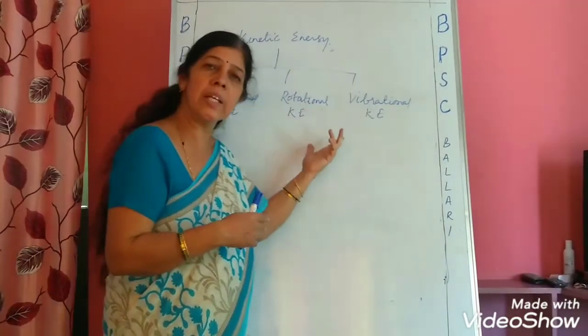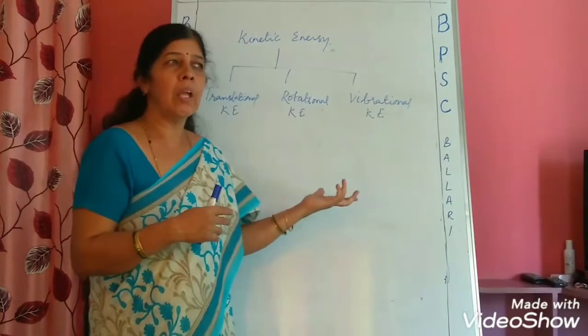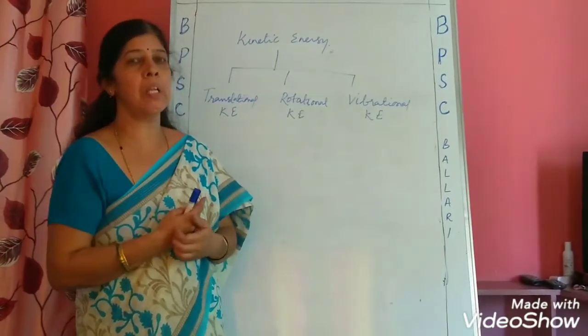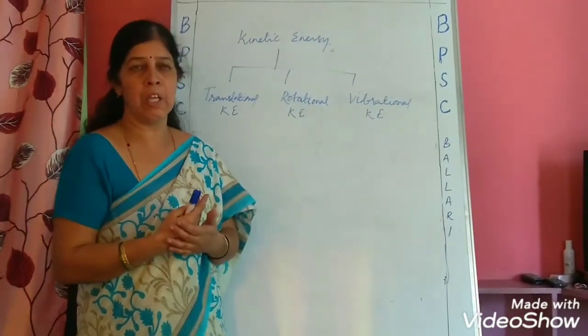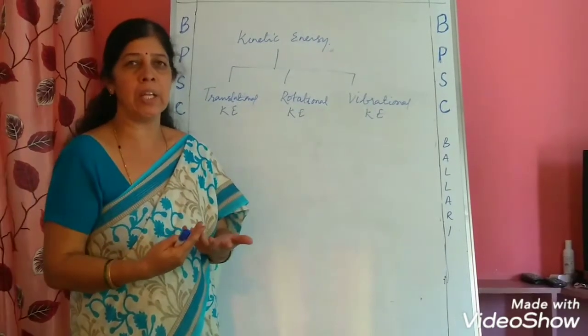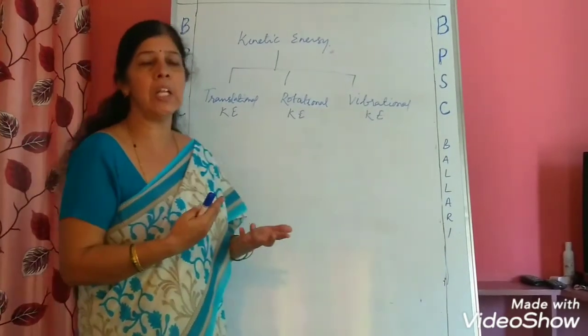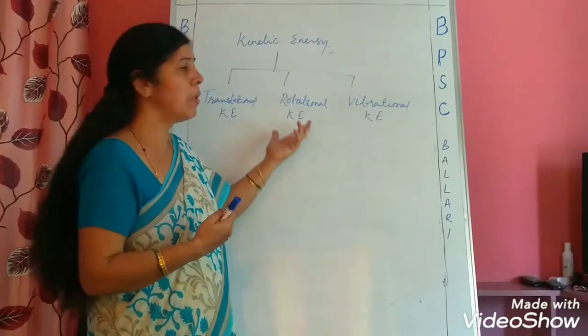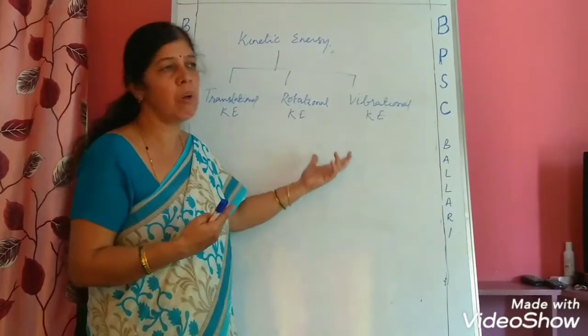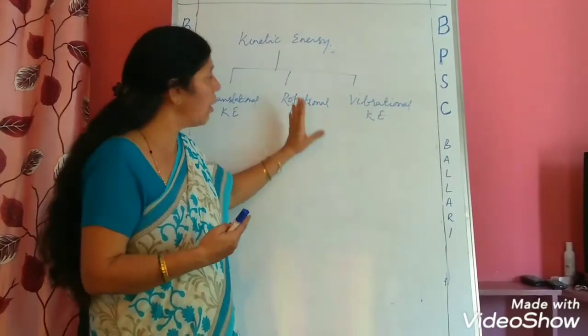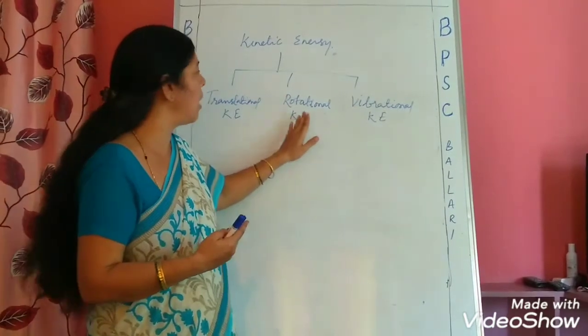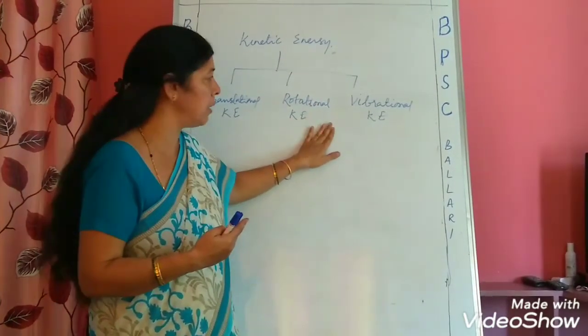Now rotational kinetic energy, what example can you give? Any body which is undergoing rotational motion: a spinning top, a fan, the blades of a fan rotating. So here we have rotational motion, and the body having rotational motion also has kinetic energy. So what type of kinetic energy will it have? It will have rotational kinetic energy.